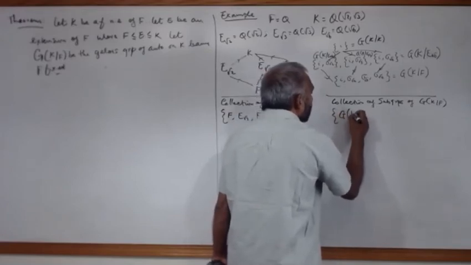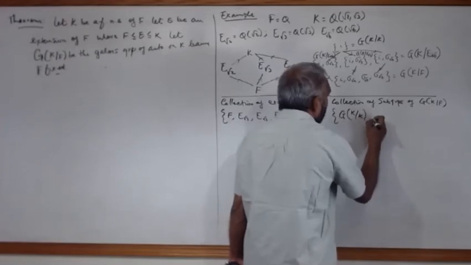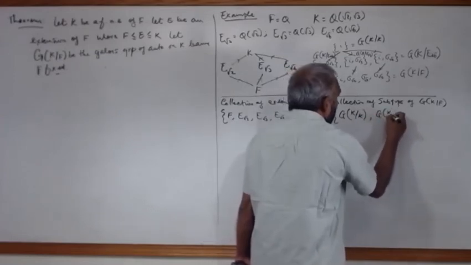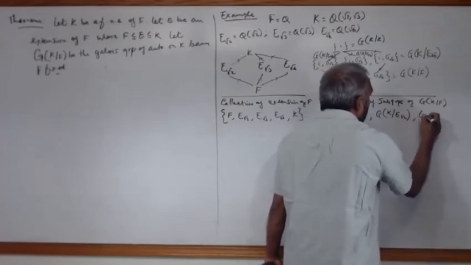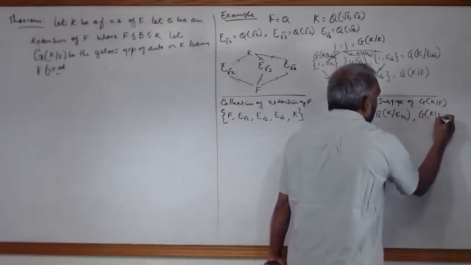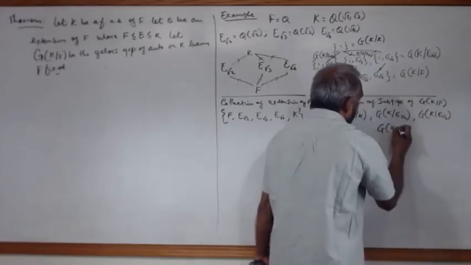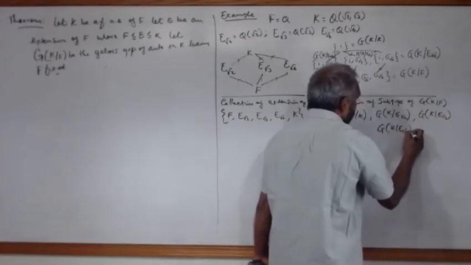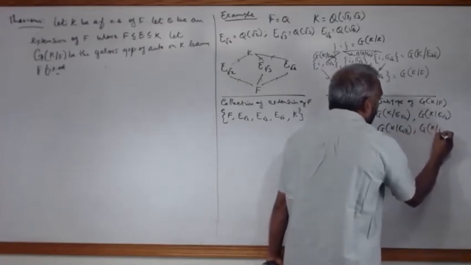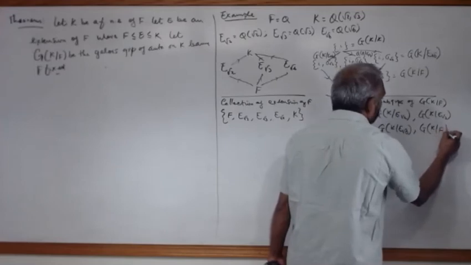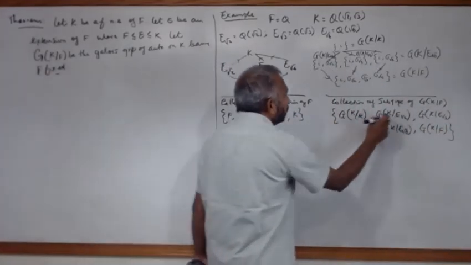G of K over K, K over E root 2, K over E root 3, K over E root 6, and K over F. Here also you have 1, 2, 3, 4, 5.